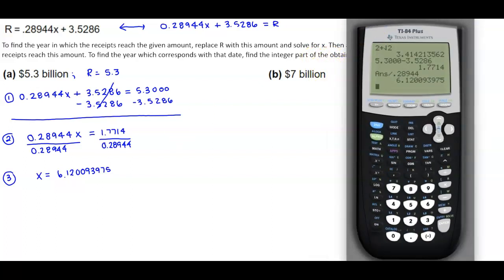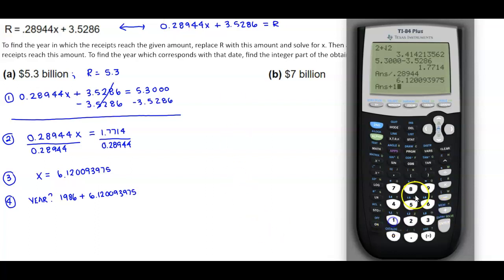So what that means is now we're going to take 1986 and then add 6.120093975.